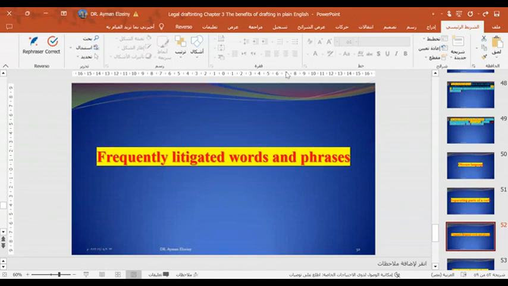Let us read such a clause. It is not a mock clause, but a real clause. Let us read the following clause.